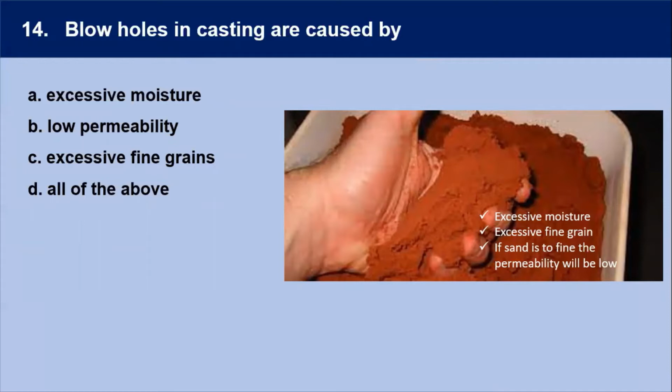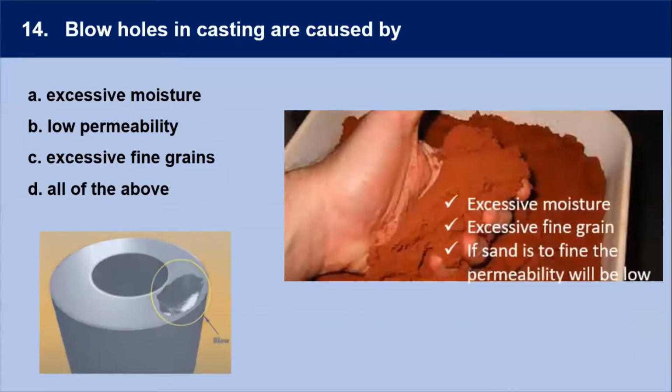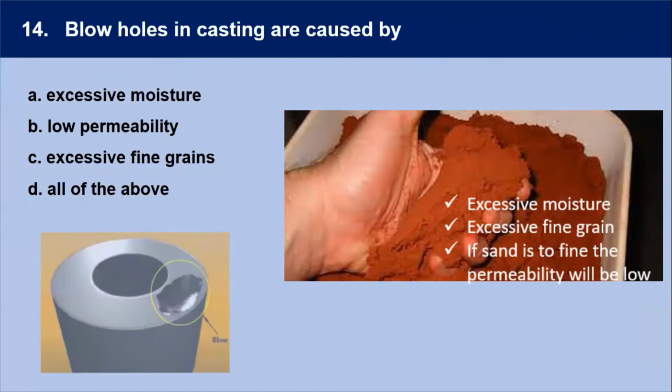Blowholes in castings are caused by. Now, I've shown one diagram also. If there is excessive moisture or excessive fine grains, if the sand is too fine, then the permeability will be low.